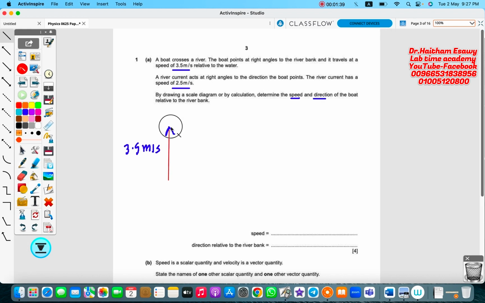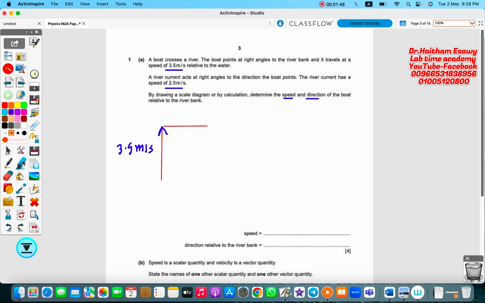So this will be the direction of the river current here. And take care, don't forget to mention the arrow to represent the direction. So here we have 2.5 meters per second. And this is the speed of the river current.